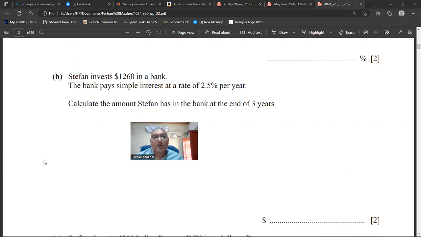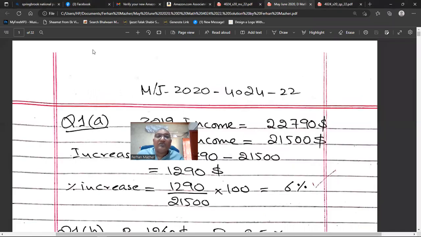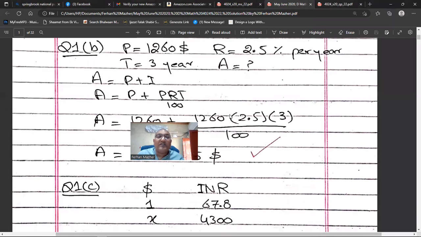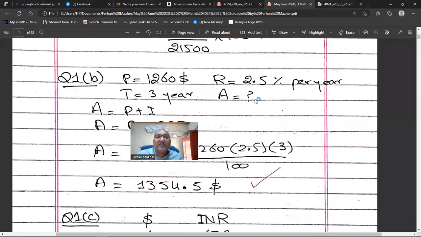The formula for the amount when you are working with the simple interest, the amount is equal to the principal plus the interest. And you know the simple interest formula is PRT divided by 100, where P is the principal amount, R is the rate, T is the time. So the amount is equal to the principal plus the PRT divided by 100. And we will just put the values and we will be able to find out what will be the amount at the end of the 3 years.